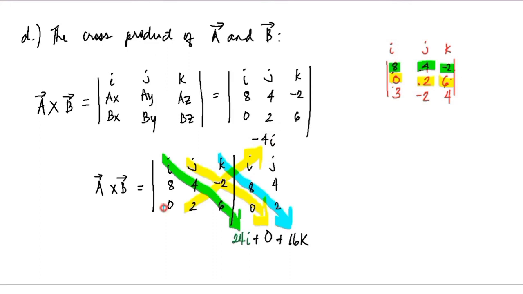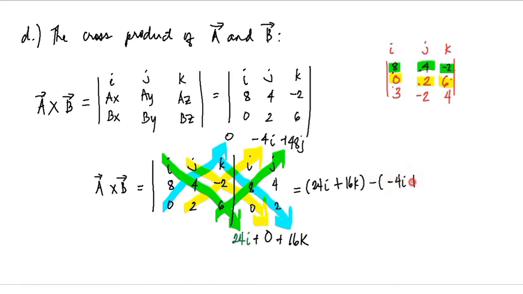And this one, we have 0. And for this one, we have 6 times 8, so that's +48J. And we have here for the cross down, so that's 24I plus 16K minus the cross up, so that's -4I plus 48J.